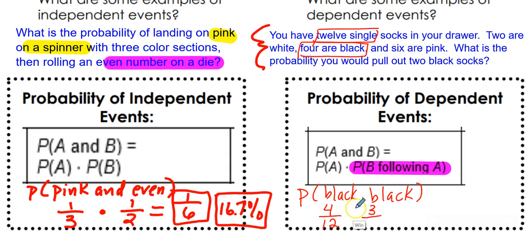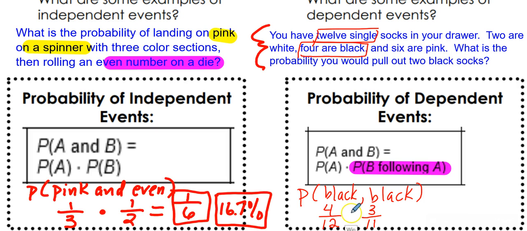Okay, so that number has changed. Even though they're the same, it's black sock. Now, because of event A, I have 1 fewer black sock, and I also have 1 fewer sock overall. So this bottom number is going to be 11. Okay, because this is dependent on this.